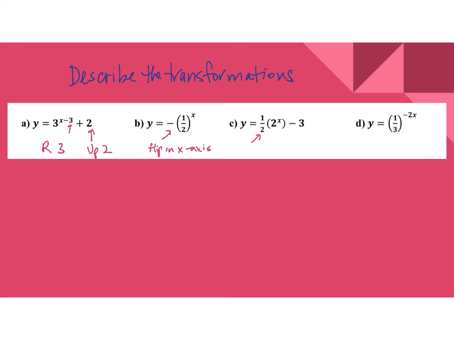This half is a vertical compression, and the minus 3 is down 3. This negative 2, the negative part means flip in the y-axis, and the 2 is a horizontal compression.